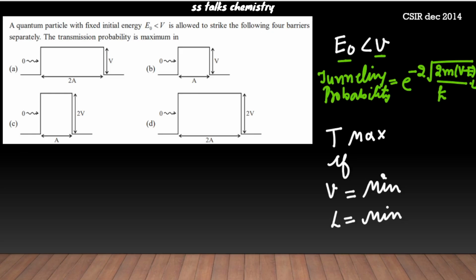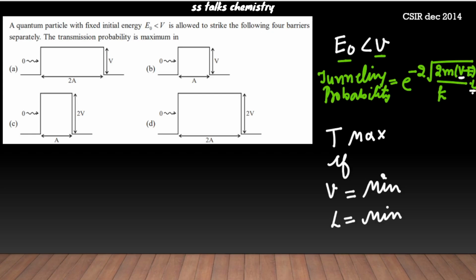Okay, so here in the tunneling probability expression, if the V value is decreasing, then e raised to some negative power is going to be decreasing in magnitude of the exponent, which implies tunneling probability is increasing, right? Similarly, if the L value is increasing, the e raised to some negative power will be more negative, so in that case tunneling probability will be decreasing, right?